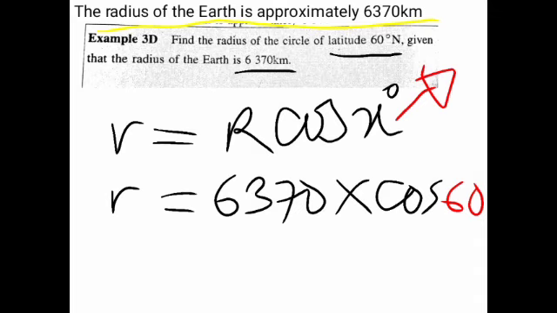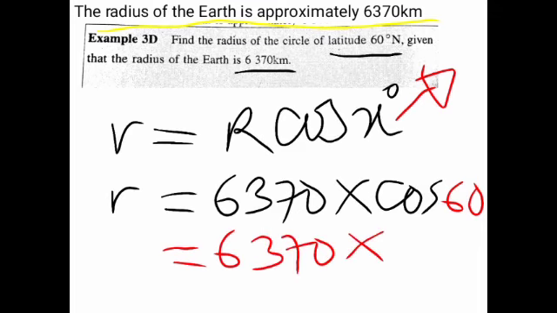So now we can say 6,370 times cos 60, which is half. Special angles, I think you can remember this.